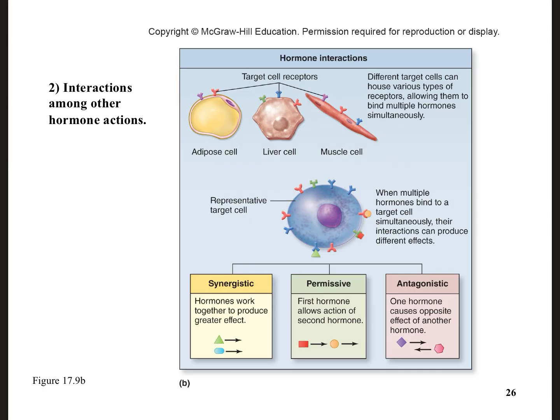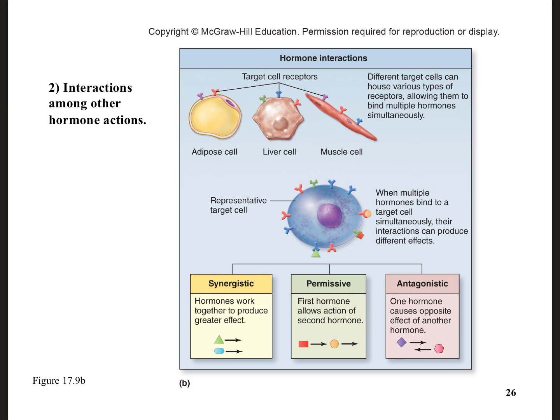And then lastly, we have what's called permissive. It can happen, I'll allow it to happen. Right? Cell has receptors for multiple hormones. One doesn't care what the other one does. It kind of permits and allows the action of the first hormone to occur. It doesn't help it. It doesn't prevent it. It just is there, right?